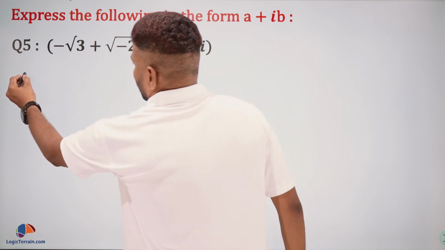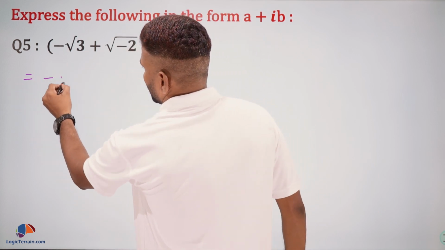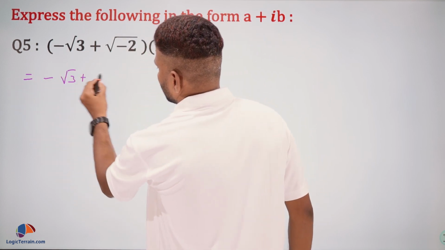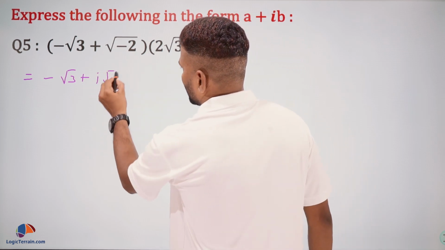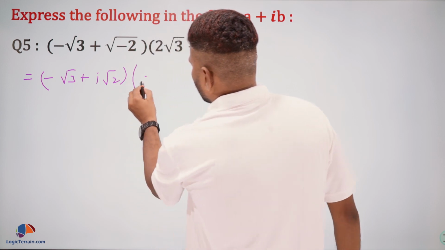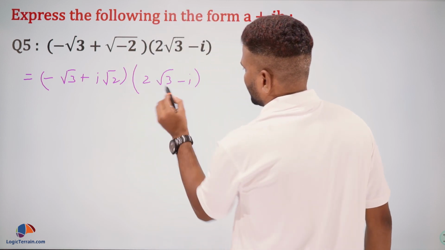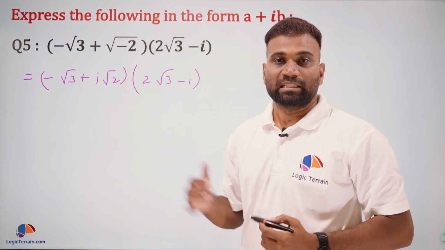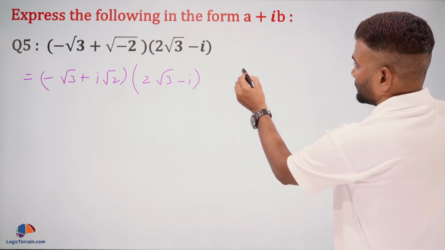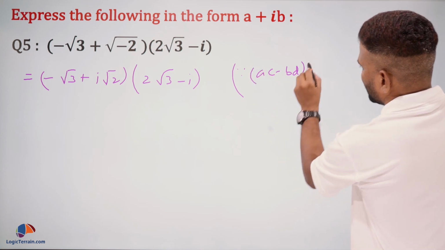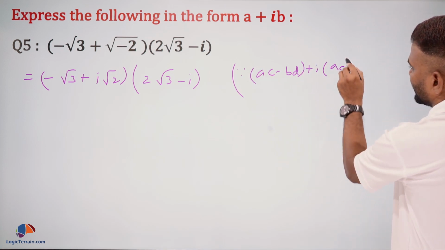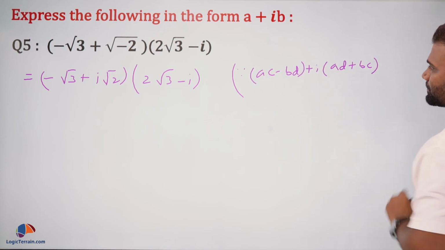Here is the question. So we'll rewrite this, negative square root 3 plus square root negative 2 can be written as I into square root 2, here 2 square root 3 minus I. So we have to multiply these two. We'll multiply by using the product rule, that is AC minus BD plus I of AD plus BC.